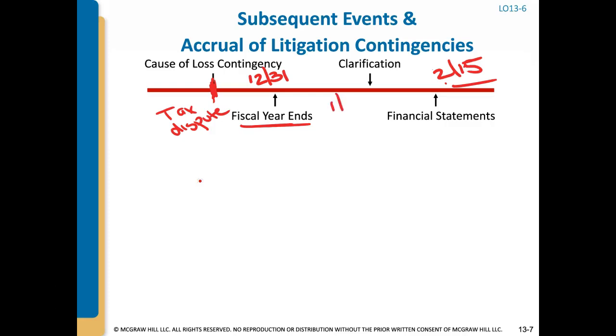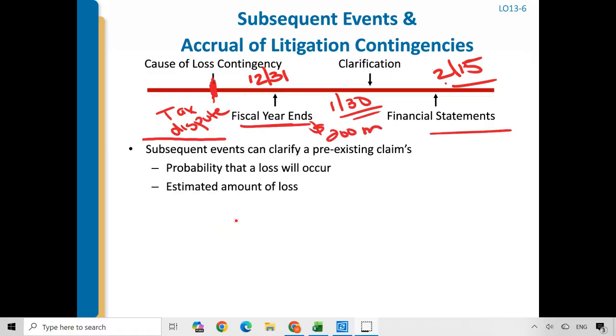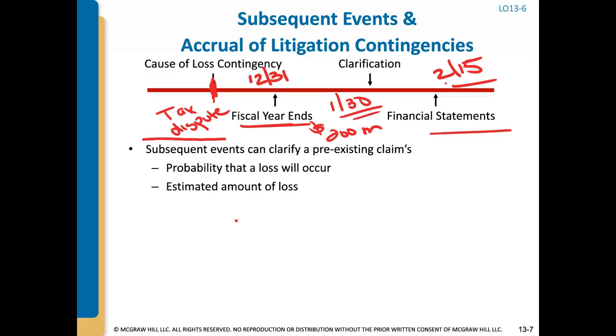on January 30th, we ultimately settle with the IRS and we say, okay, IRS, we're going to pay you $200 million. What that means is that sometime between our year end and our financial statement, a subsequent event occurred that can clarify a claim that existed before our year end.